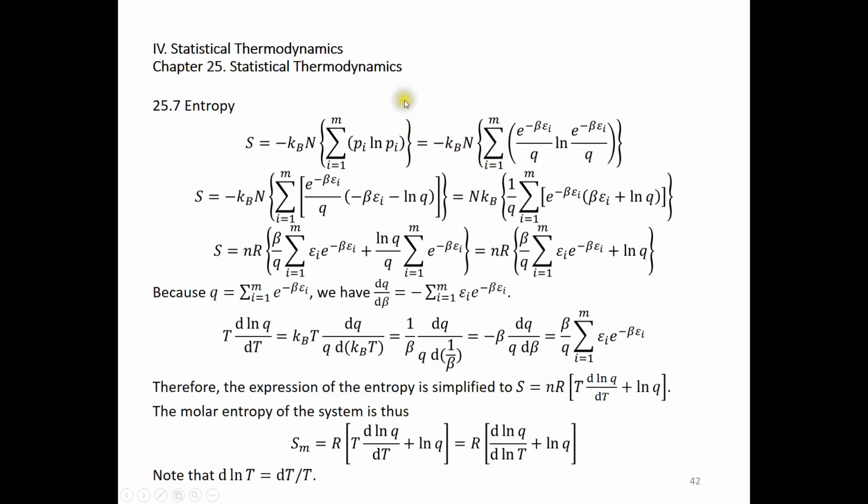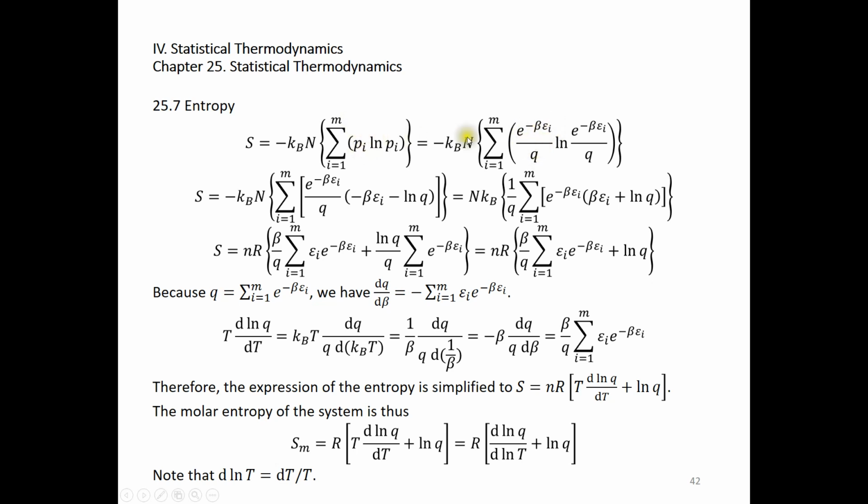Now let's look at the derivation of Boltzmann's entropy. So previously we have entropy equals negative kB N times the sum of p_i ln p_i. So we can keep deriving this by replacing p sub i with e to the power of negative beta epsilon i over q.